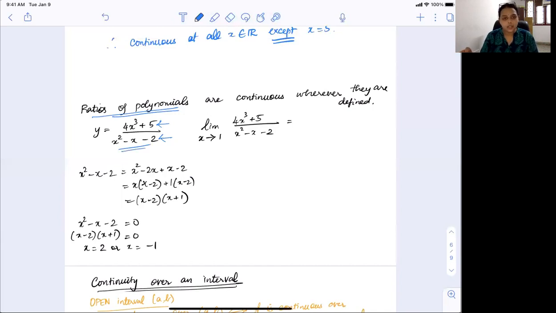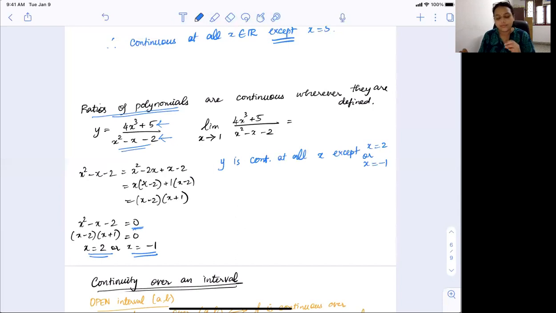Now the denominator is going to take on values of 0 when x is either 2 or minus 1. So in essence, y is going to be therefore continuous at all x except when x is 2 or x is minus 1. All right?